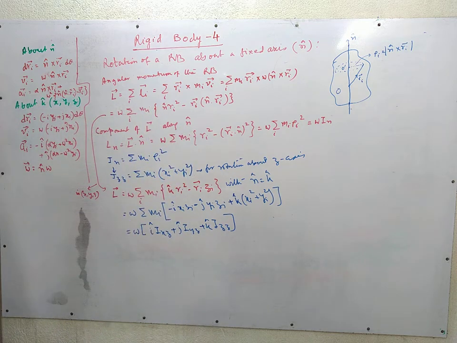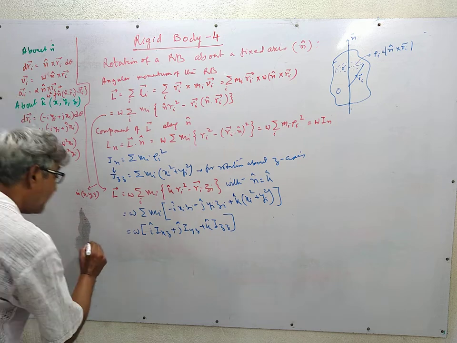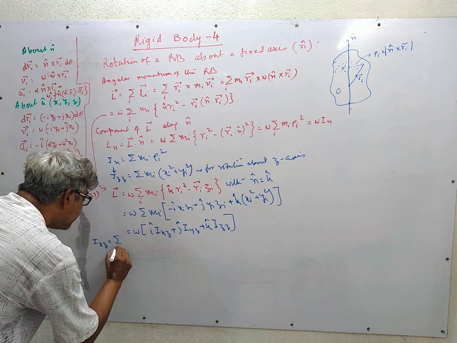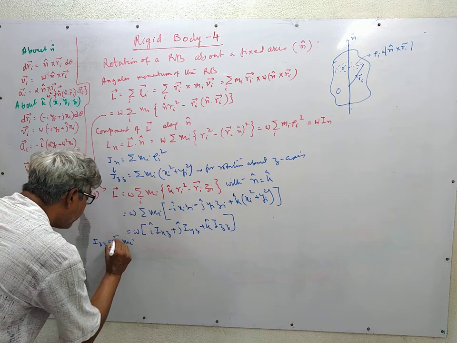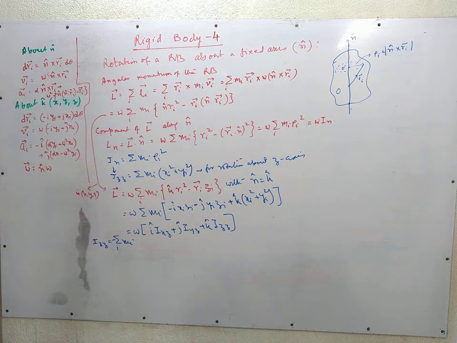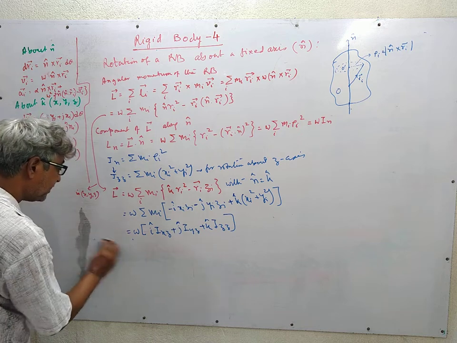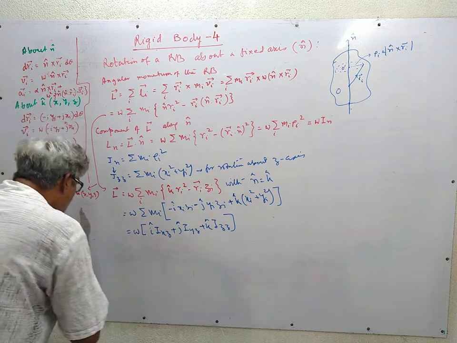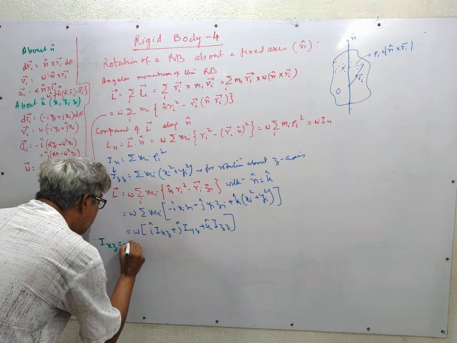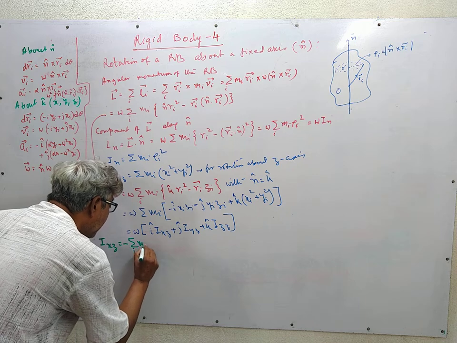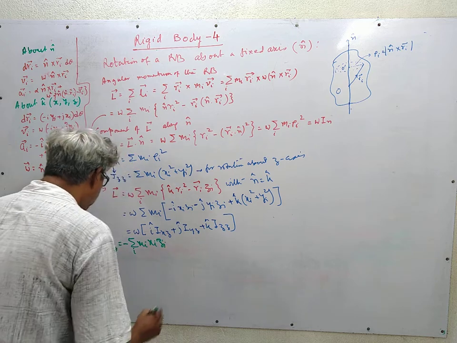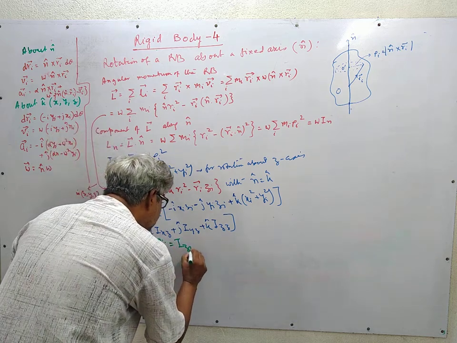where the moment of inertia and the product moment of inertia are defined like this. The product moment of inertia are defined as I xz is equal to minus summation over i mi xi zi, which is obviously equal to Izx.